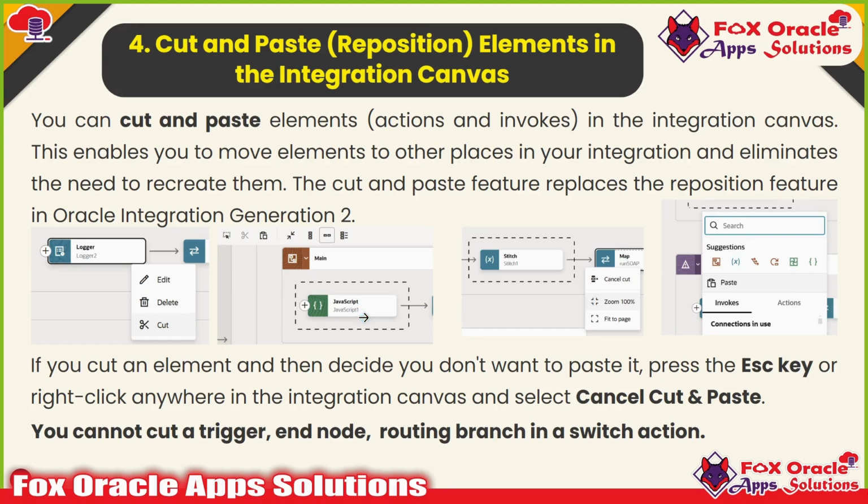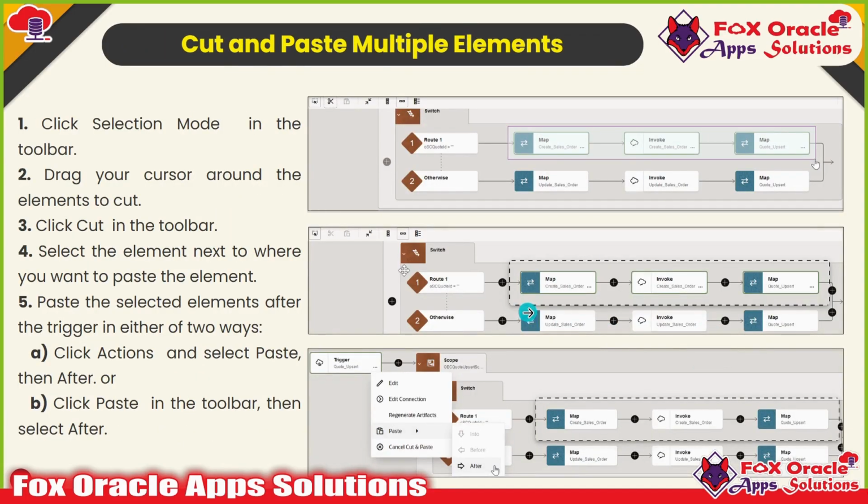But OIC also provides the flexibility to cut and paste multiple items or endpoints at the same time: we select all the endpoints in a single hit, then go for the cut option, and then use paste anywhere we want.